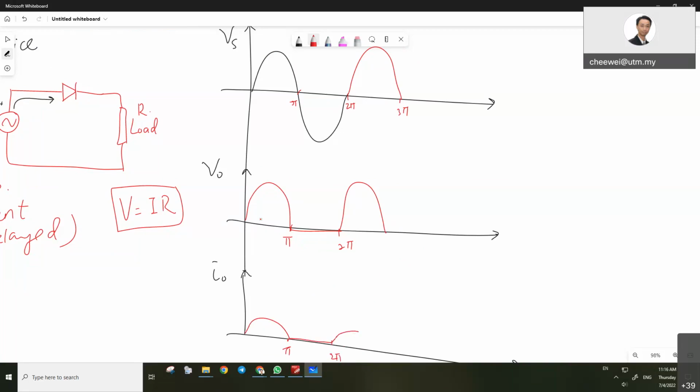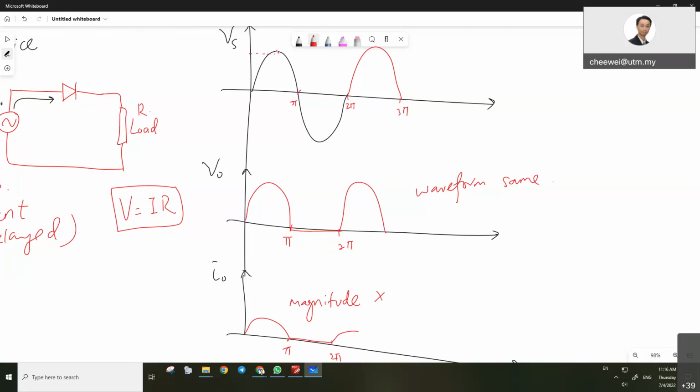Now only the magnitude is not the same, but the waveform is always the same. So that is the case for R load.